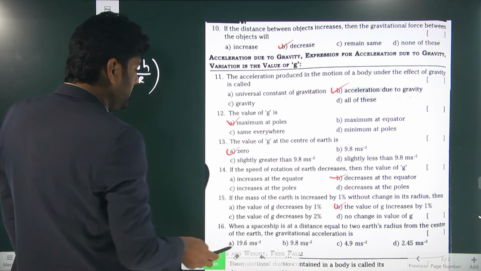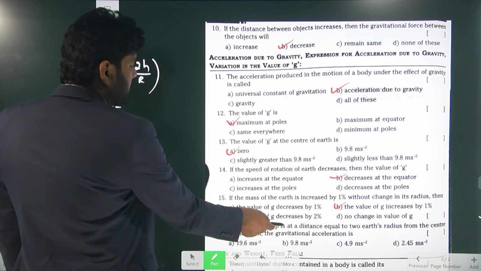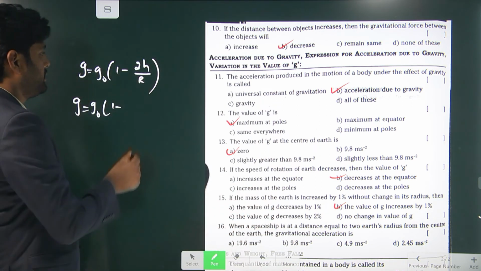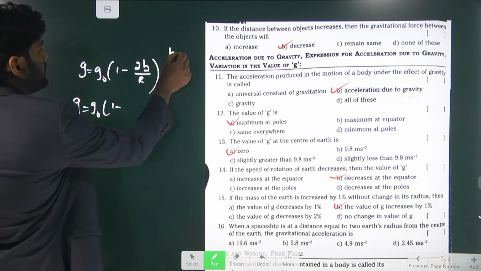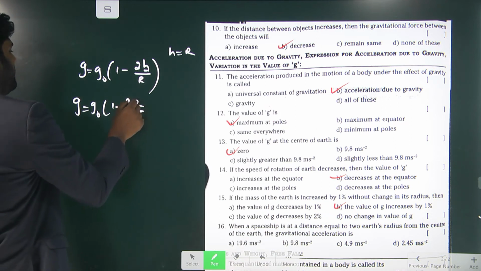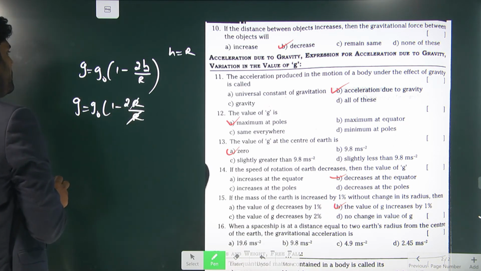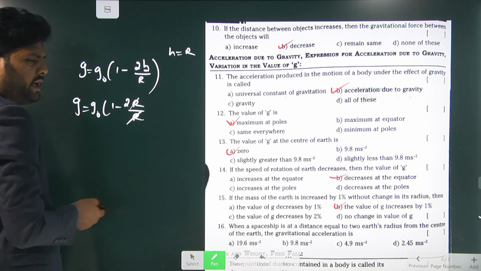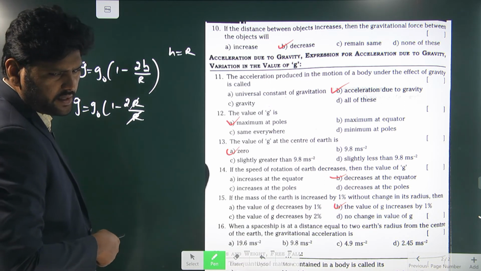Now he is saying the spaceship is at a distance equal to the Earth's radius, which means h is equal to r, so 2 into r by r.